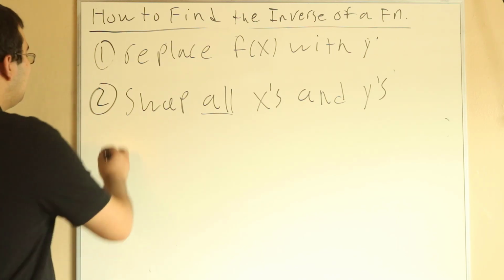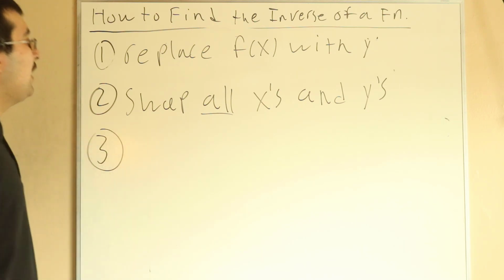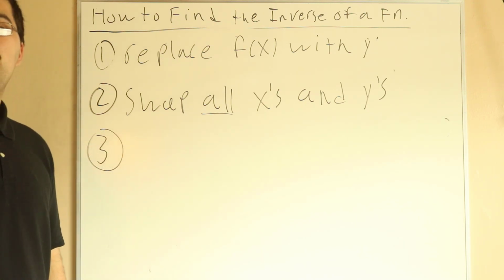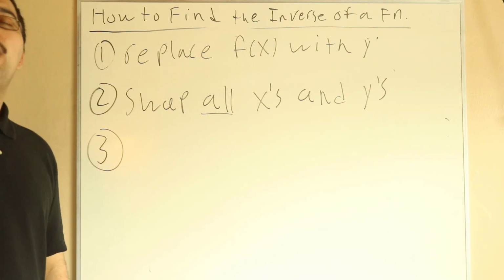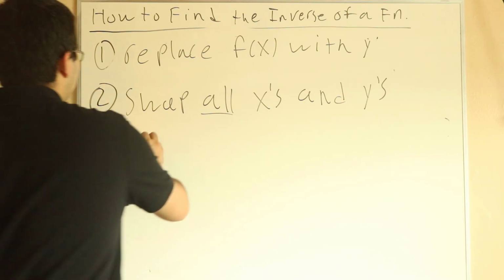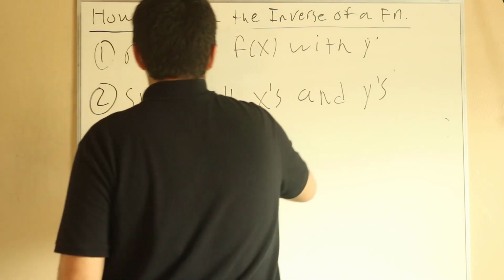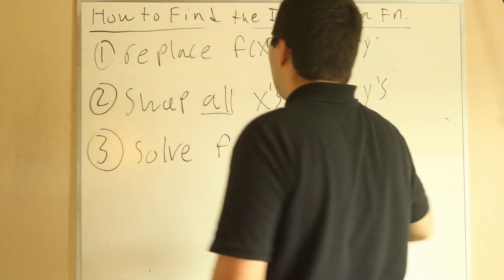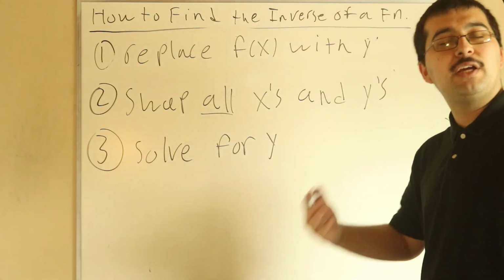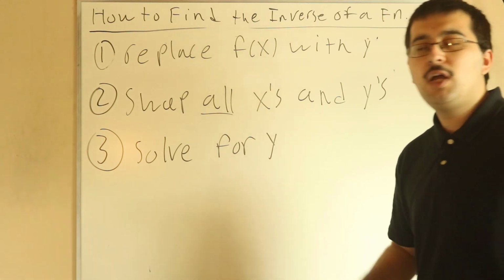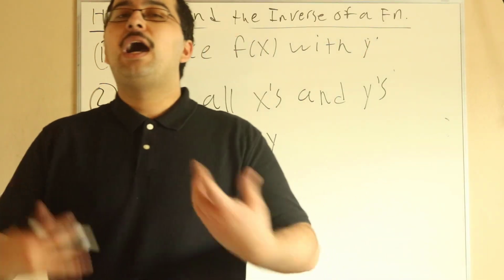And step 3, right? So step 3 of this process is, after you've done your swap, go ahead and solve for y. All right, and again, just to reiterate, what does it mean to solve for a variable? Well, to solve for y means you want to isolate y.